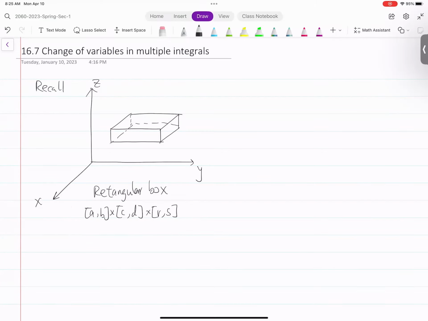But now another rectangle in the cylindrical coordinates is definitely different. So, in sketches, what happens if we're at cylindrical?